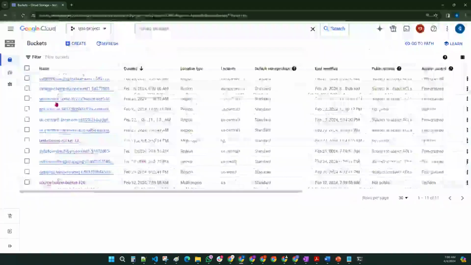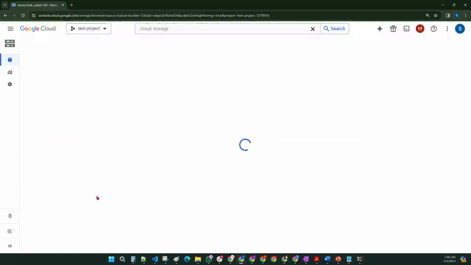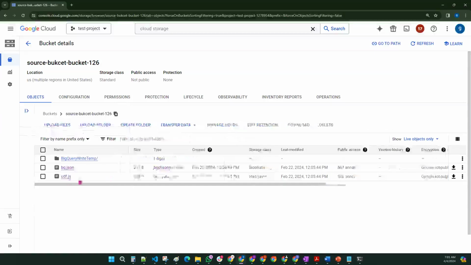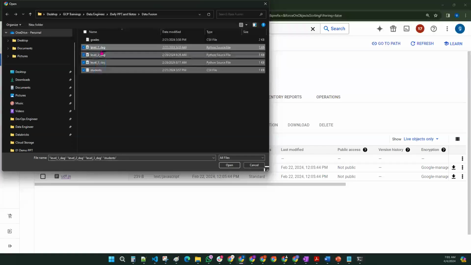Let me show you. For example, if I go here, I can create folders also. I can create .js files, JSON files. I can even upload multiple files, Python files, CSV files, anything.